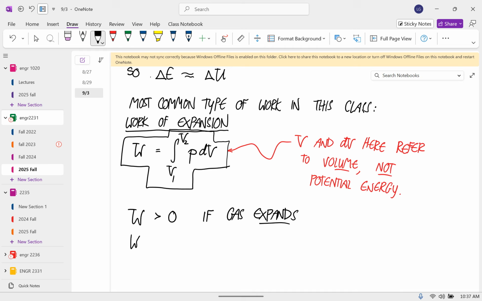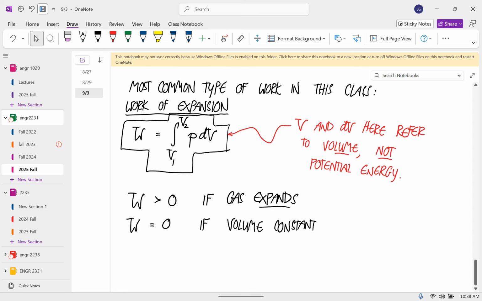The work is zero if the volume stays constant. I mean, not the total work necessarily, there could be other stuff going on, but I'm talking about the work of expansion. And the work is negative if the gas contracts.